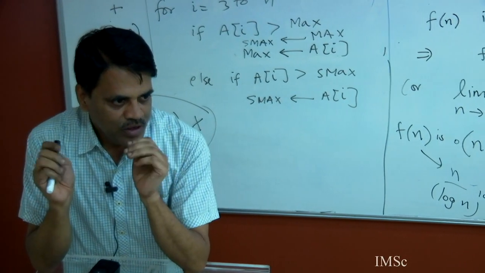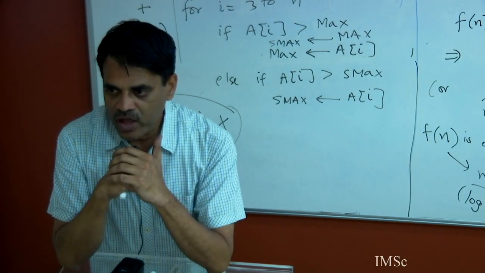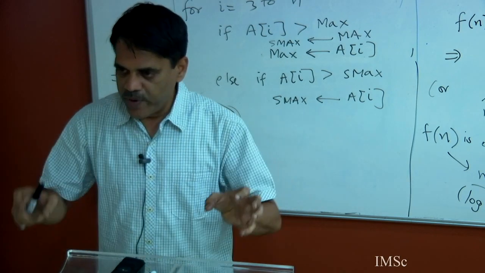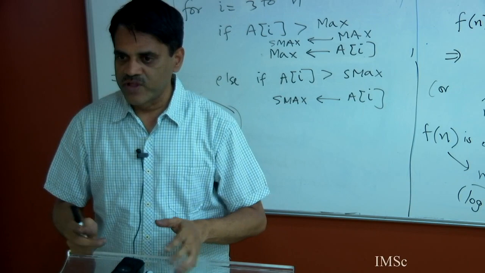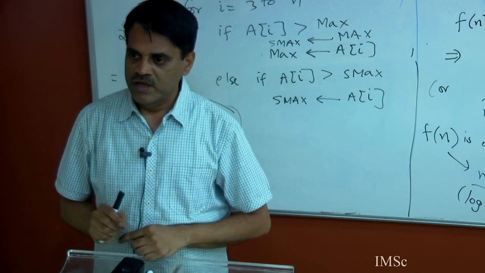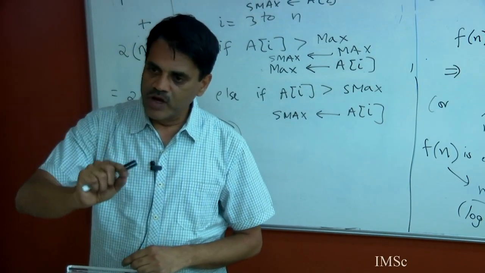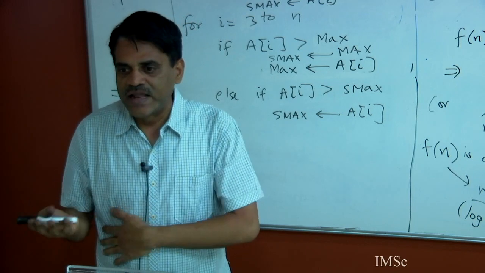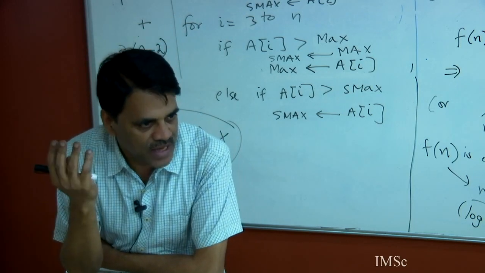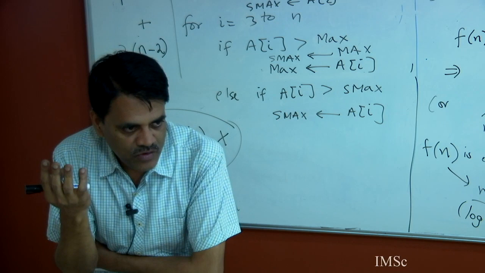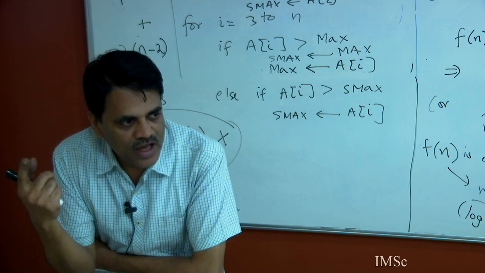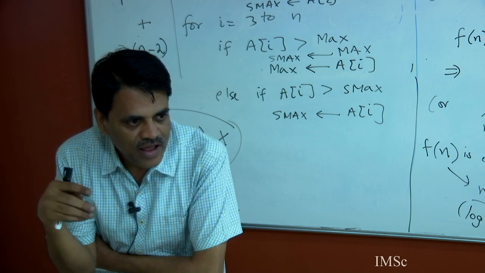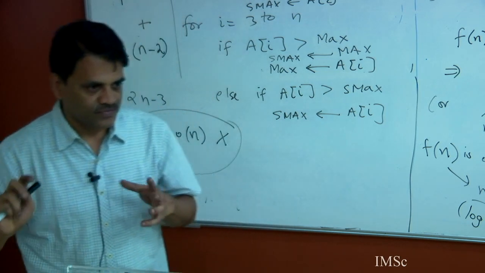You can come up with examples where if you do these pairwise games, knock people out as and when they lose and do the finals, and look at the loser of the final, you can't declare it as the second max. So come up with an example where that will not be second max, and then that will give you an idea of how to find the second max in a few more comparisons.